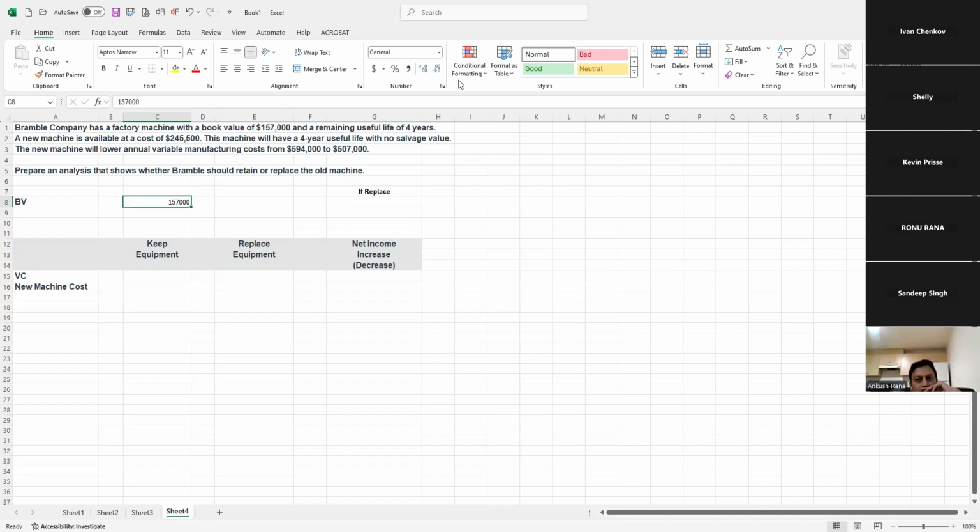So how much will be my total here that I have to pay? I have to pay in total that much. Here, I have to pay that much. What should I do? Should I replace it?